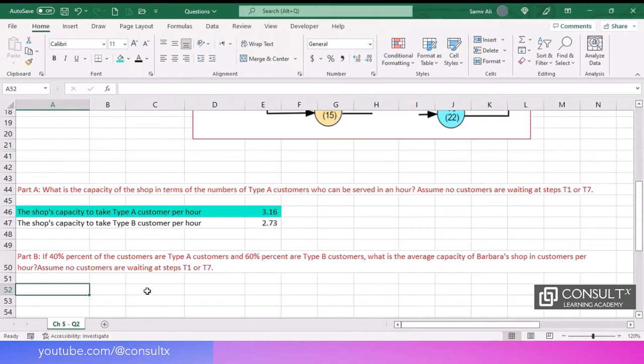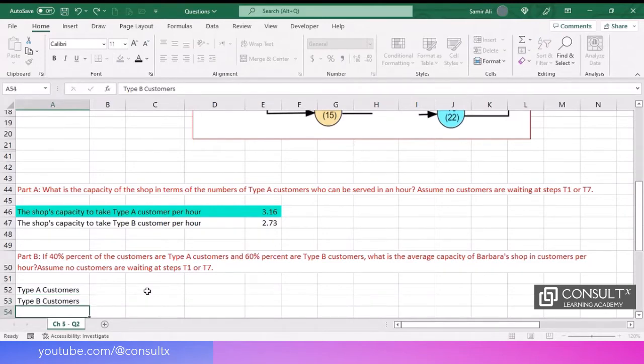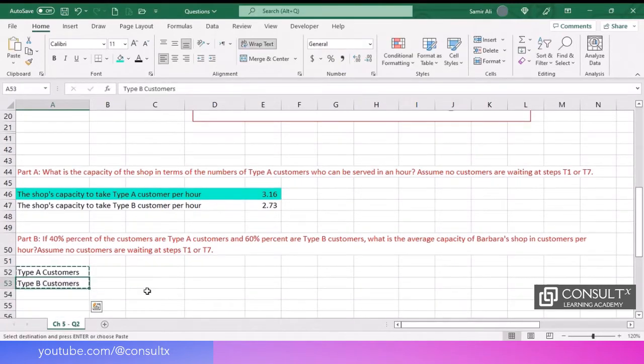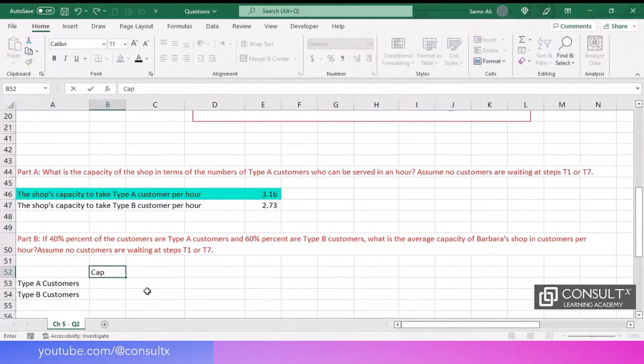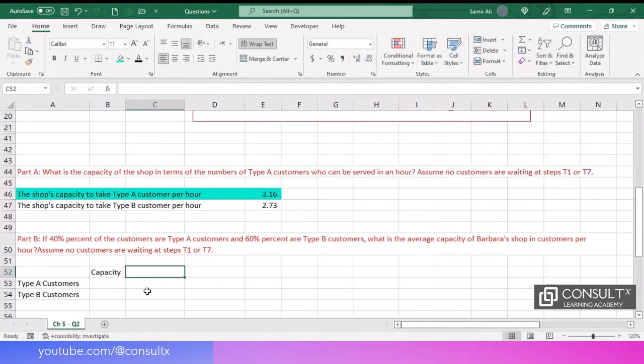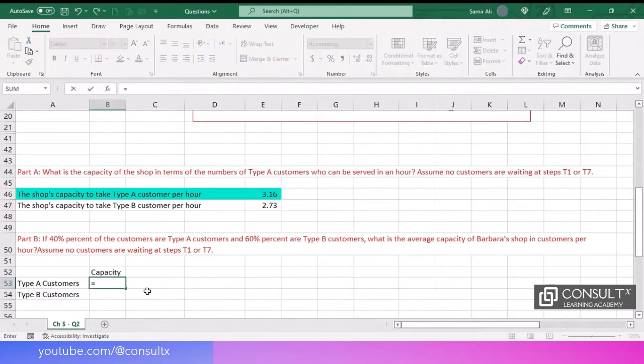So let's just write everything down. Type A customers, type B customers, and let's first put in the capacity. Capacity for type A is 3.16, which we worked out in the first question.